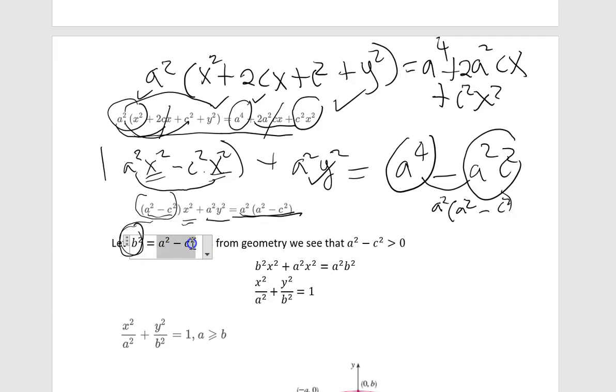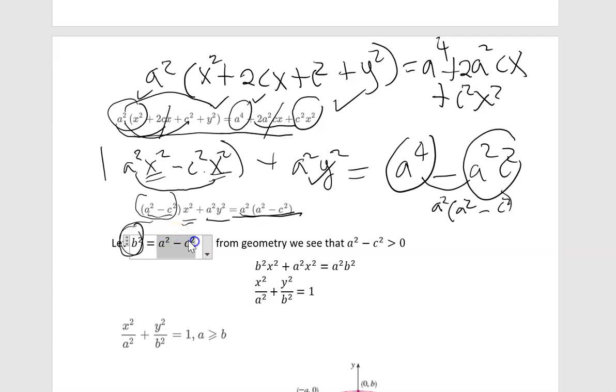Again, 2c is the diagonal of the triangle, and 2a is the sum of the two sides. So c is less than a, right? And therefore this quantity is positive.